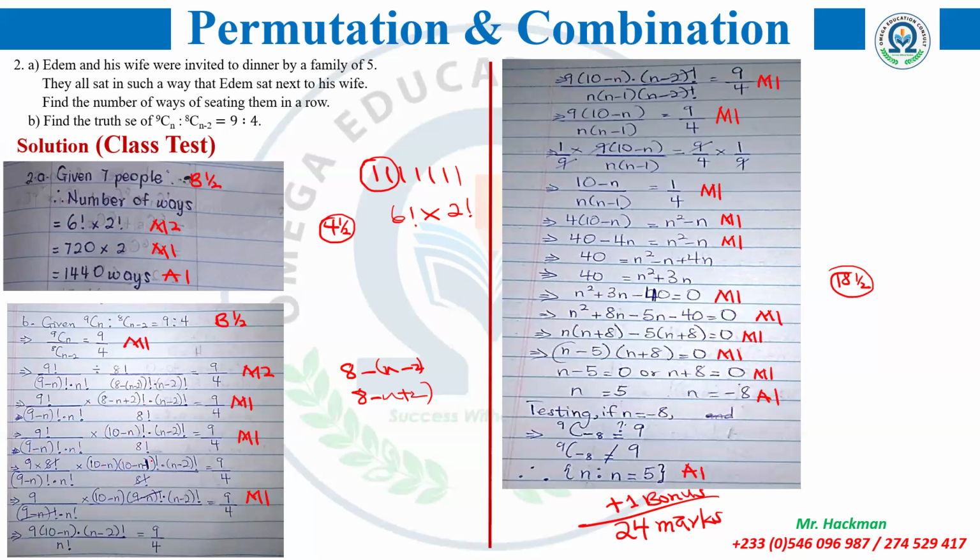Instead of doing 10 minus n minus 1, you can do it mentally. So this should have been 10 minus n minus 1 mentally, which will give us 9 minus n. So she could have written this here straight away.